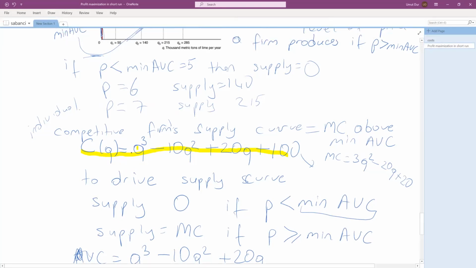This cost function is composed of the variable cost part, the red part, and it is also composed of fixed cost.